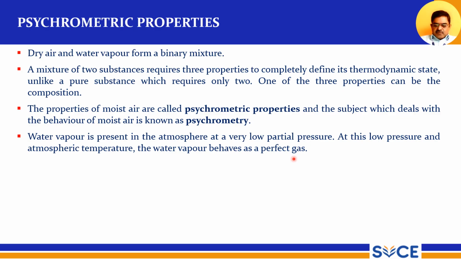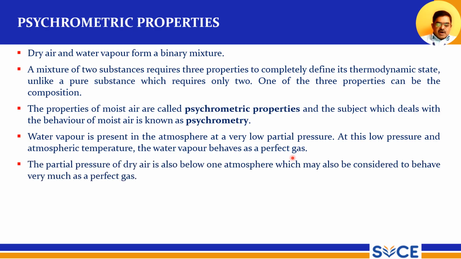So this water vapor is considered a perfect gas only, and all perfect gas laws are applicable to moist air also. The partial pressure of dry air is also below one atmosphere, which may also be considered to behave very much as a perfect gas only.